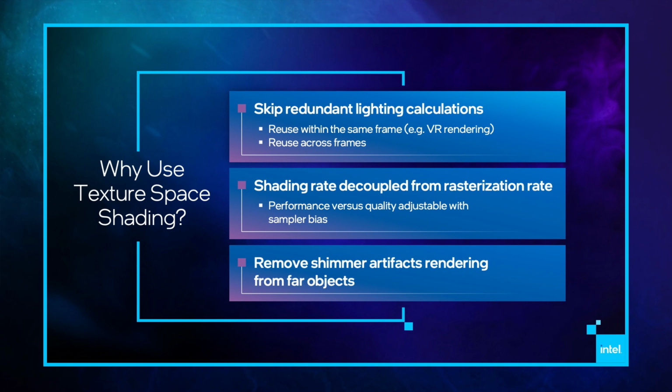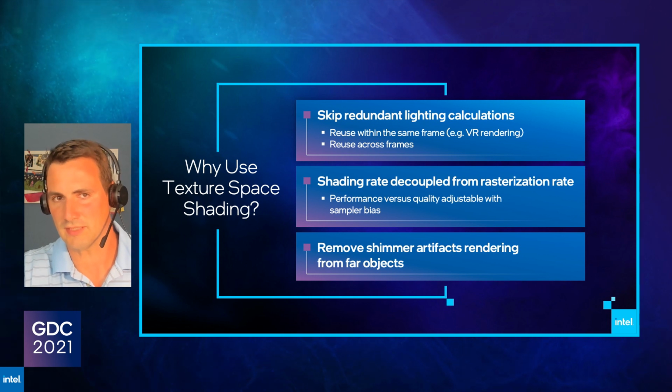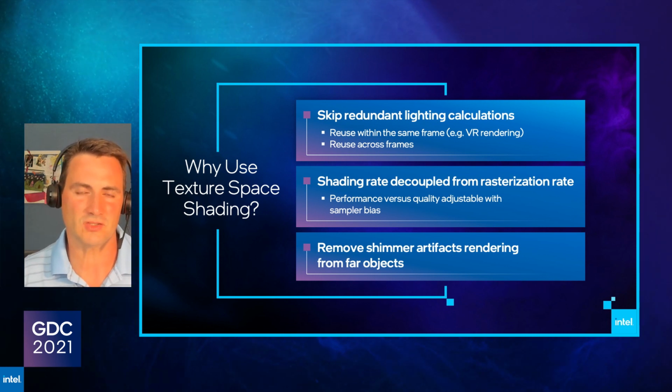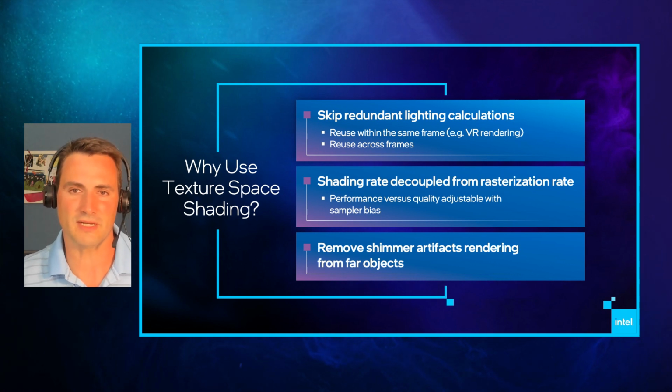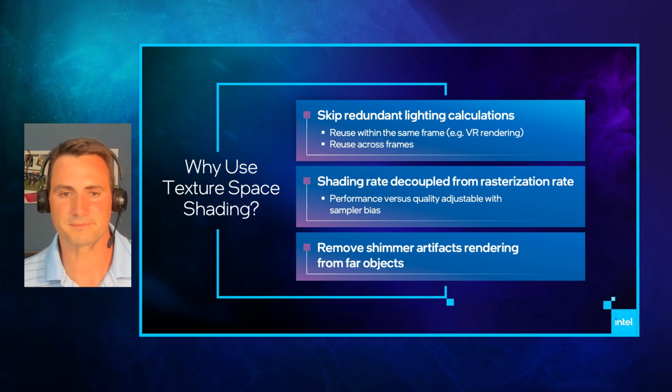Another reuse opportunity is temporal reuse. An object that is shaded in the scene may not change over frames. So if we can light the object once in texture space and then sample from that texture space shaded texture to rasterize that object correctly until the application determines that lighting needs to be recalculated.